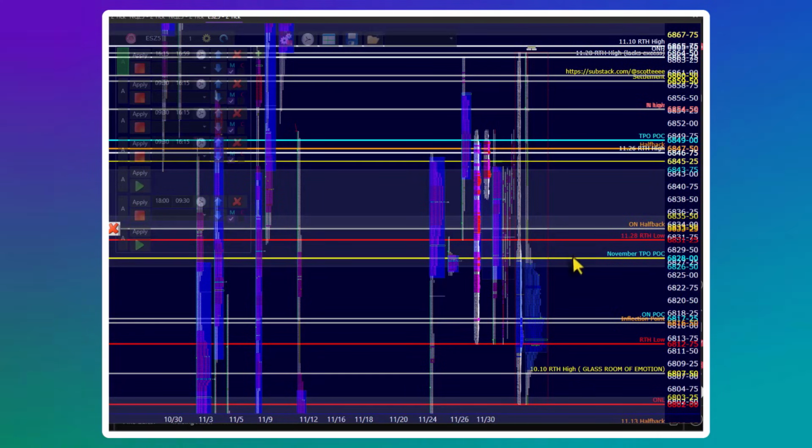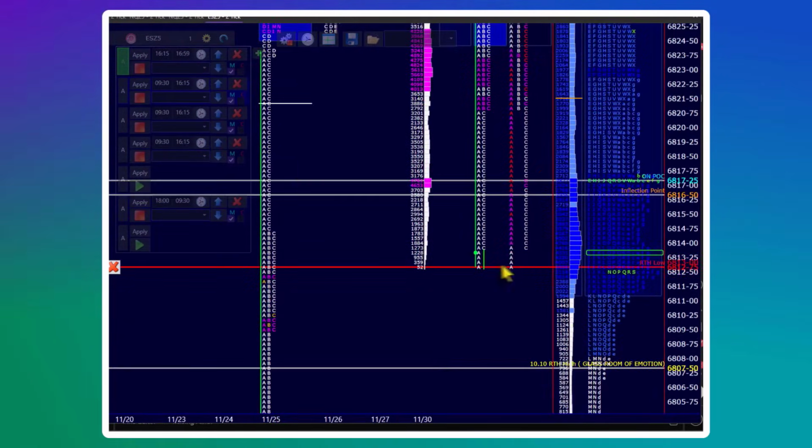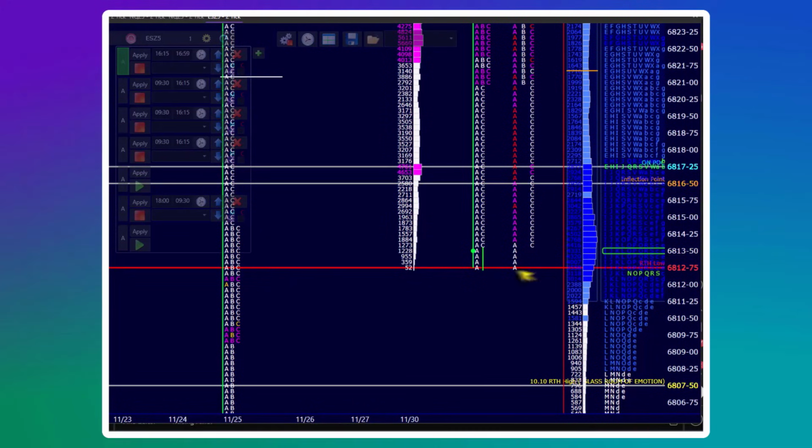I wanted to show the overnight because we had lower advertised prices in the overnight. And so we started the day with a true gap down. This green dot right here is the open. So we opened at around 68.13 and a half, which was below the RTH low of Friday, the shortened session on the 28th.